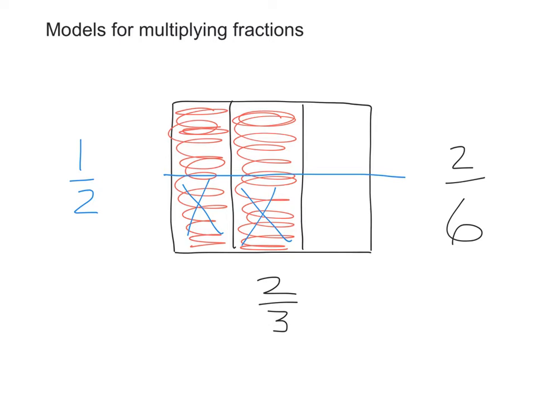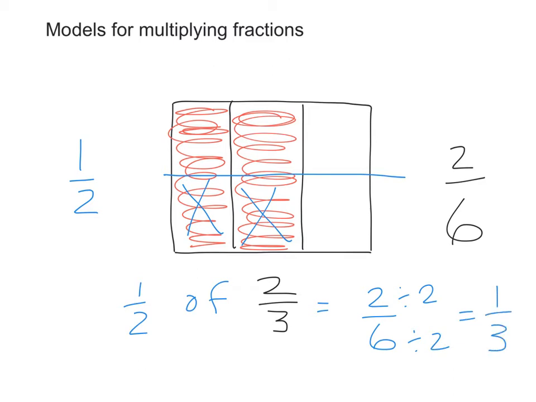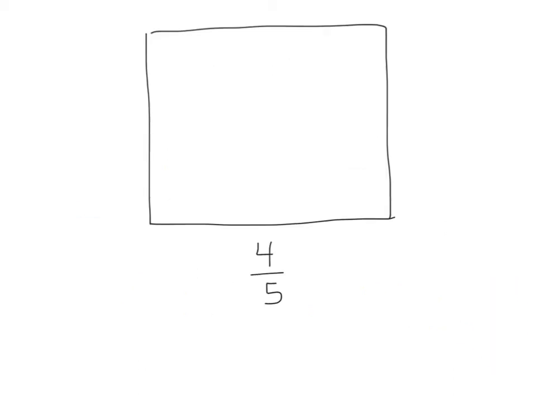So 1/2 of 2/3 equals 2/6. I would reduce that down by dividing by the greatest common factor of 2 to give me a final answer of 1/3.